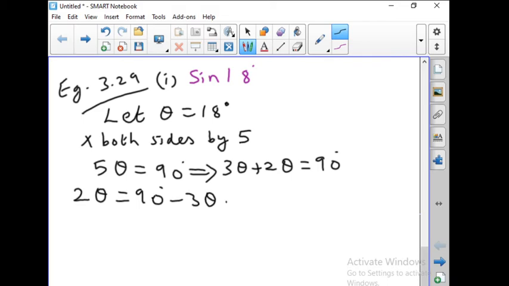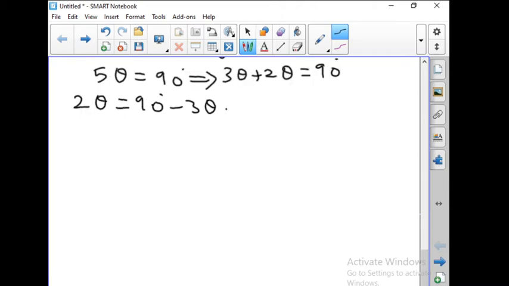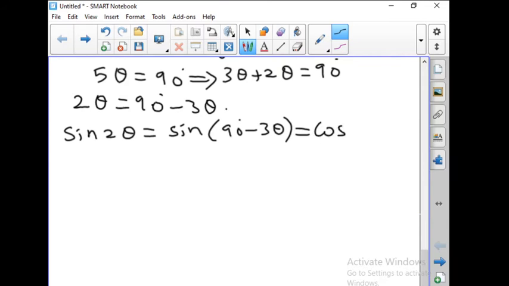Okay, so now take sine on both the sides. So sine 2 theta is equal to sine of 90 minus 3 theta. We know that sine 90 minus theta is cos theta. Therefore, this is cos 3 theta.